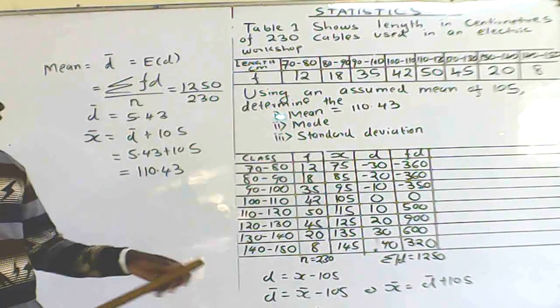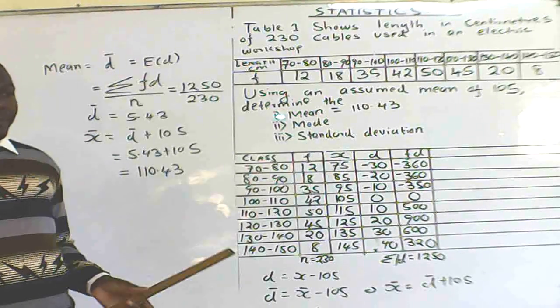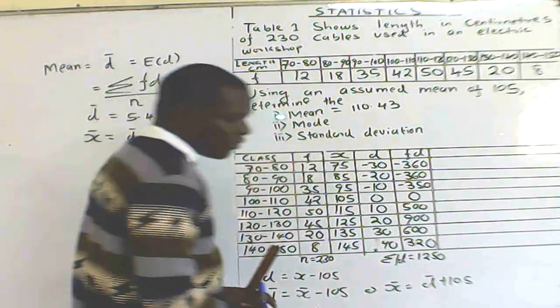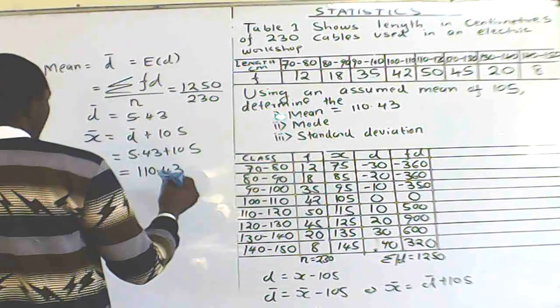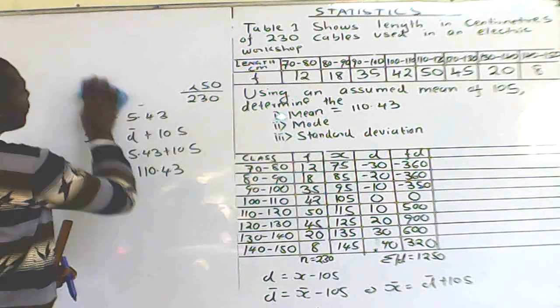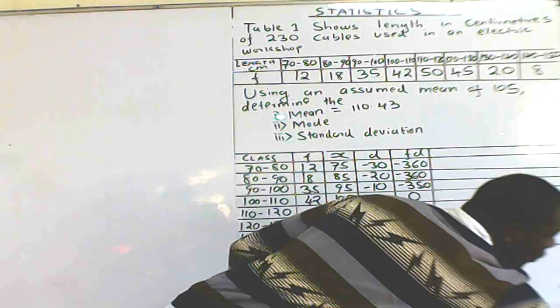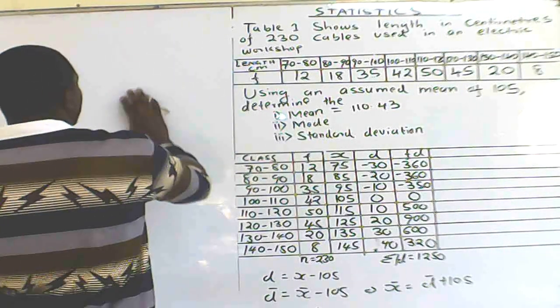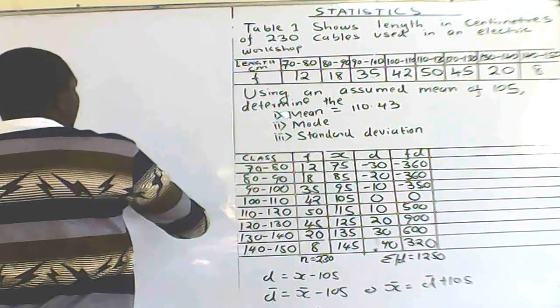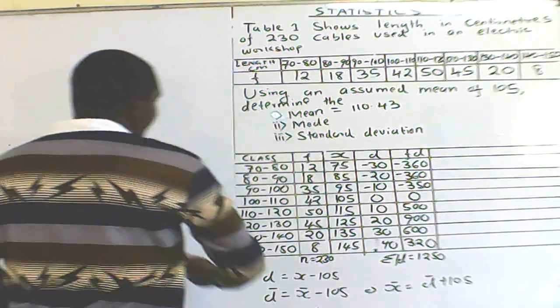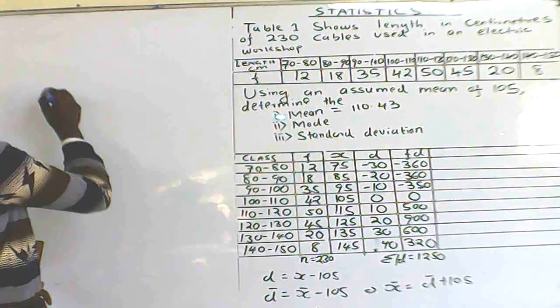Having found the mean, the next thing we are looking for is the mode. So how do we get the mode? What is the formula of getting the mode?